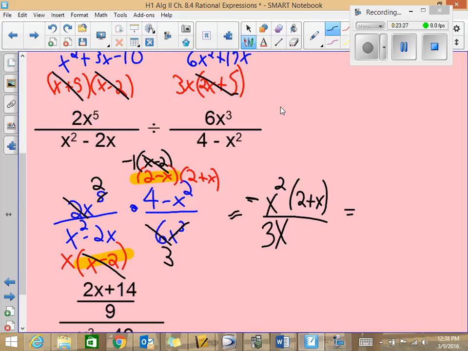No. Kelly, what do you think you can do? We can't do anything with 2 plus x, right? What about this x squared and this x? We can take out an x. So we've got a negative and 1x left up top, and 2 plus x, 3 on the bottom, and a 3 up top.